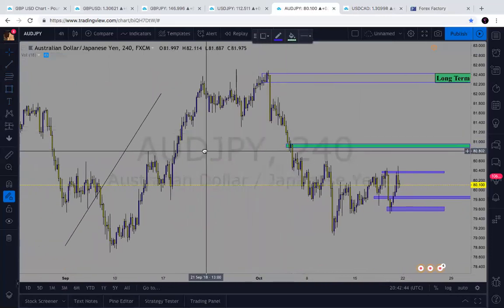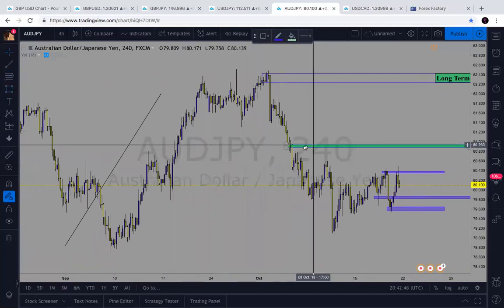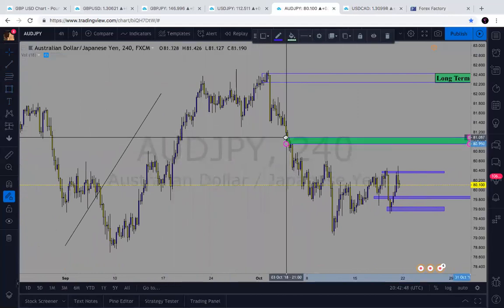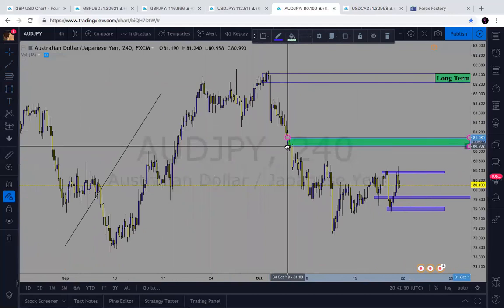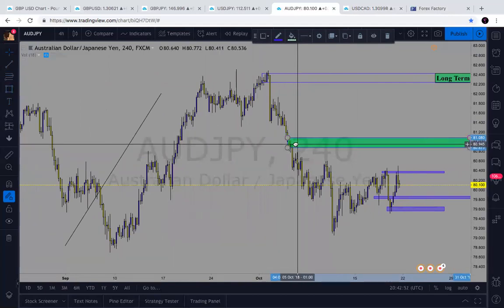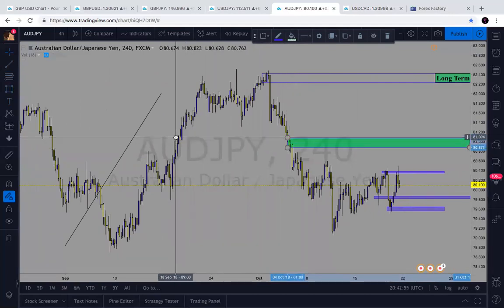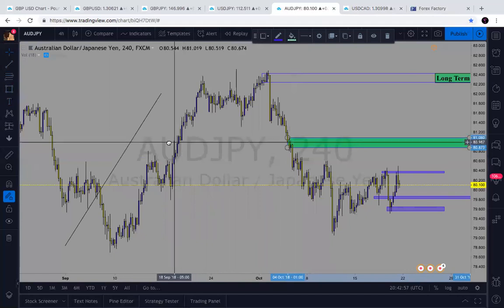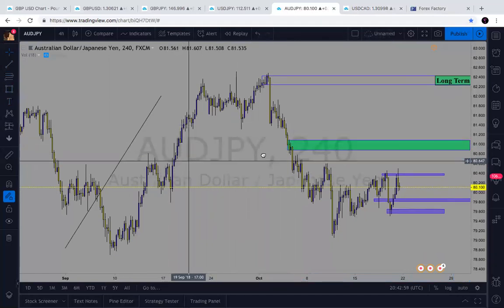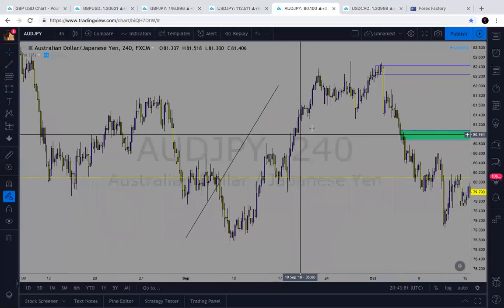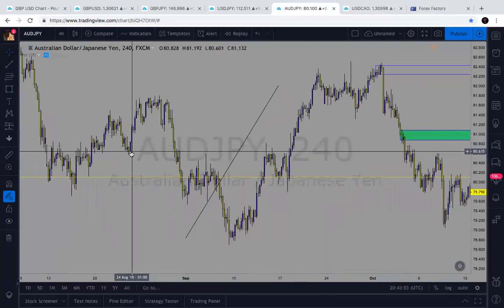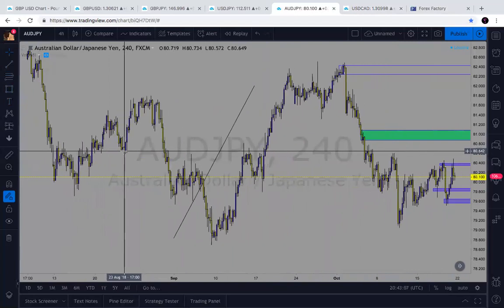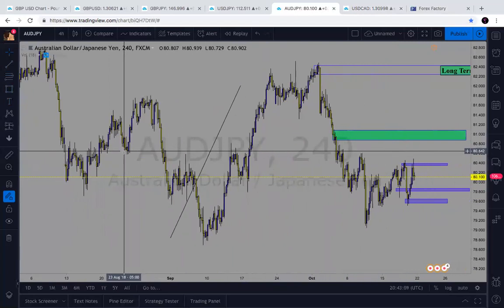If we look left, let's adjust it so it's a little bit bigger. When we look left, we can see that we had some turbulence right here. We also had, actually, let's make it right here. Is this where we are now?